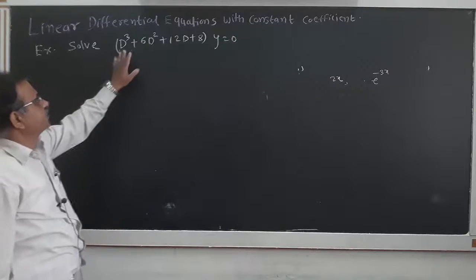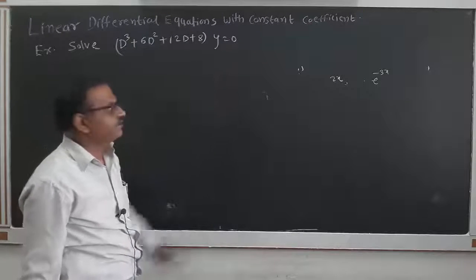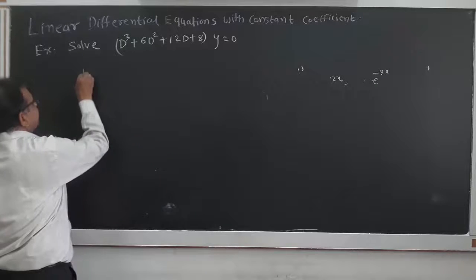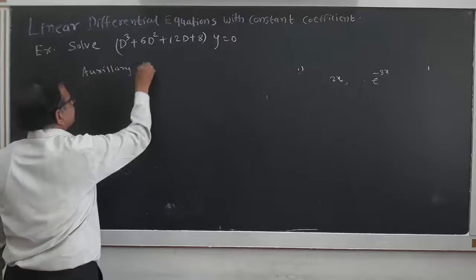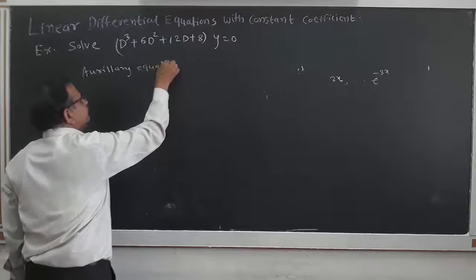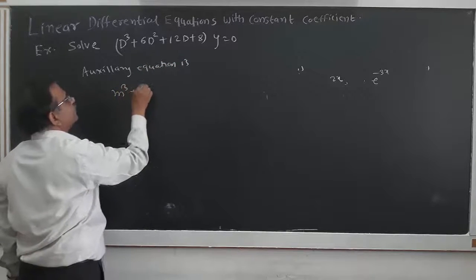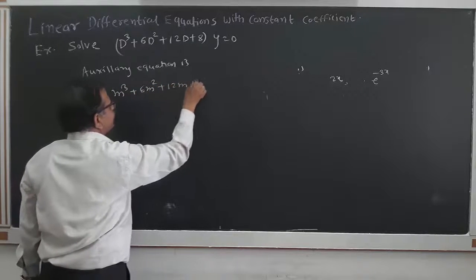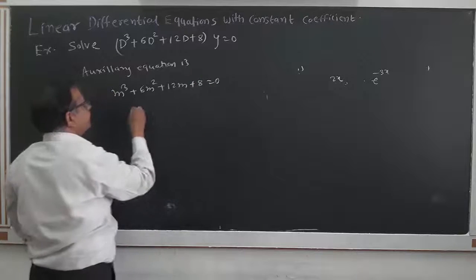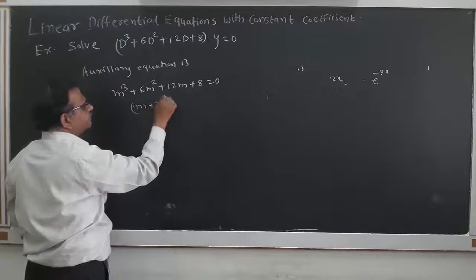Our problem is: solve D³ + 6D² + 12D + 8 y = 0. Its auxiliary equation is m³ + 6m² + 12m + 8 = 0. Clearly, this is (m + 2)³.